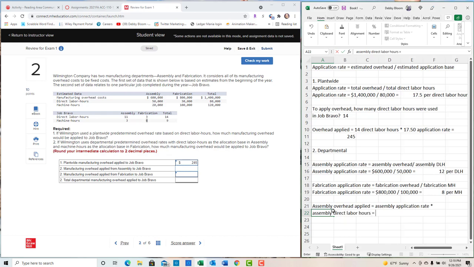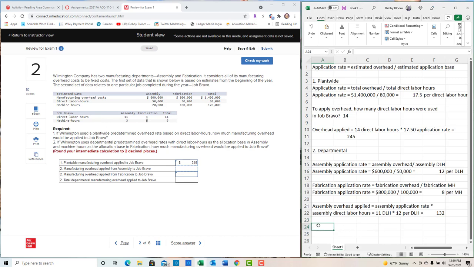So in this case, our assembly overhead is going to be for job Bravo. Job Bravo in the assembly department used 11 direct labor hours, and our rate is $12 per direct labor hour. So we just take 11 times 12, and $132 of assembly overhead is going to be applied to job Bravo.